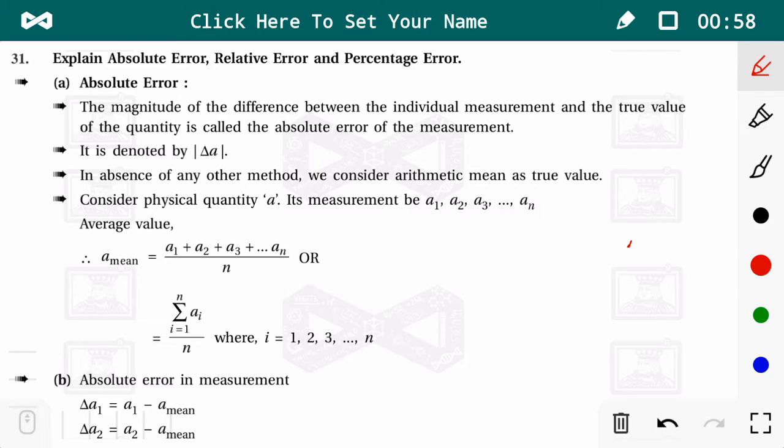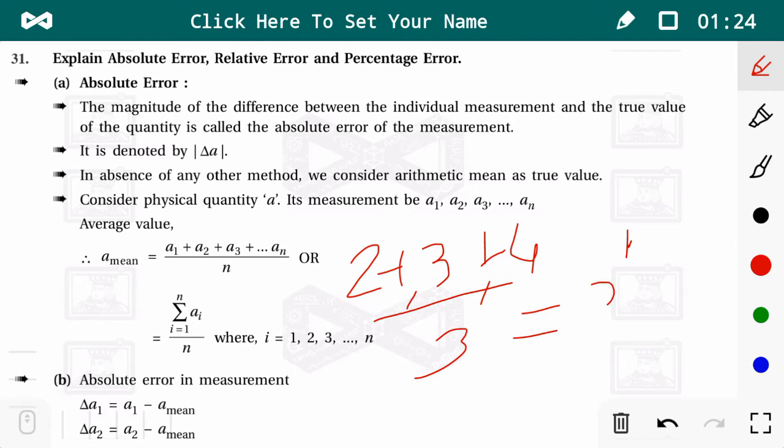Suppose here 2, 3 and 4 are the results you gained in an experiment. Adding all three and dividing by 3, you get the result 3. So 3 is the value nearest to the true value.